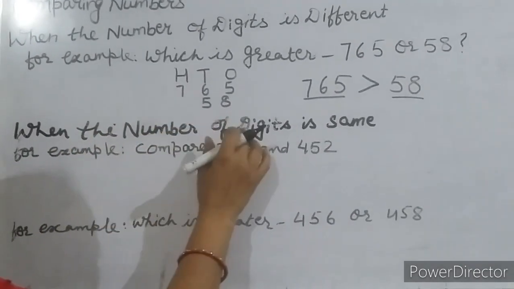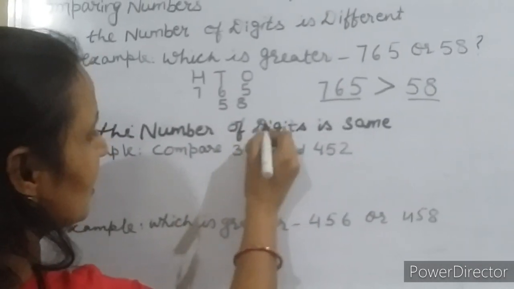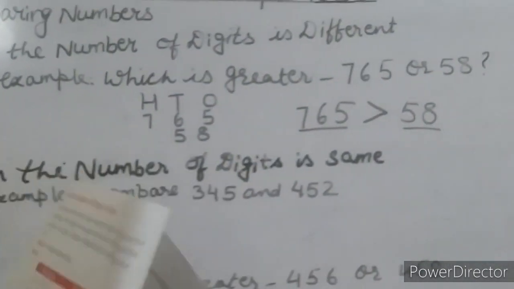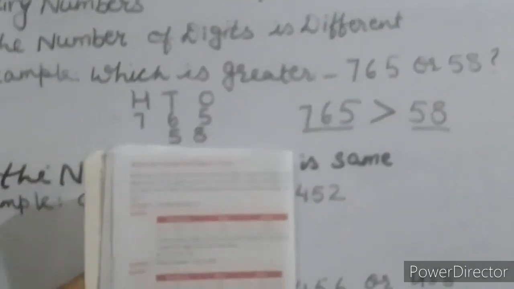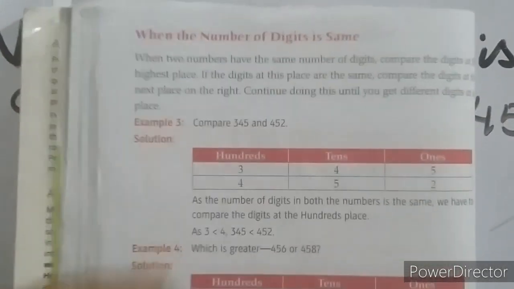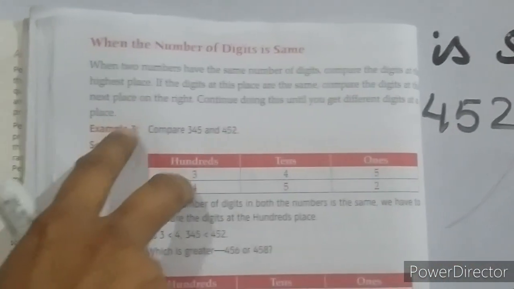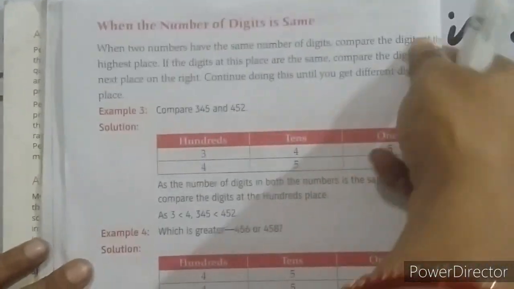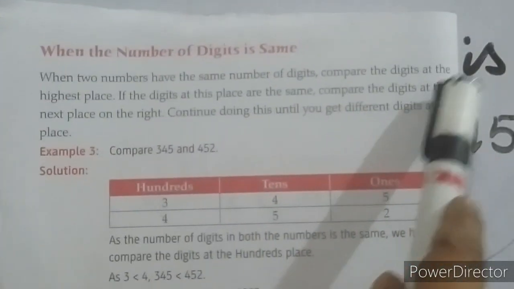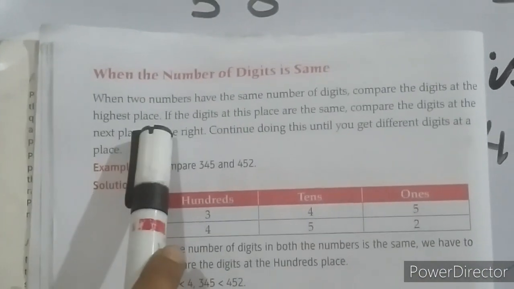When the number of digits is the same. When two numbers have the same number of digits, compare the digits at the highest place.